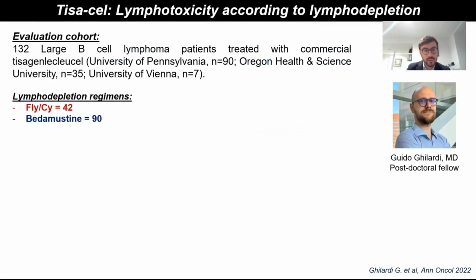And so the first cohort of patients that we analyzed was the group of T cell patients, treated with a 4-1BB co-stimulated CAR. Overall, we analyzed 132 patients that were collected from 3 centers: Penn, the group from Oregon Health and Science University, and the University of Vienna.